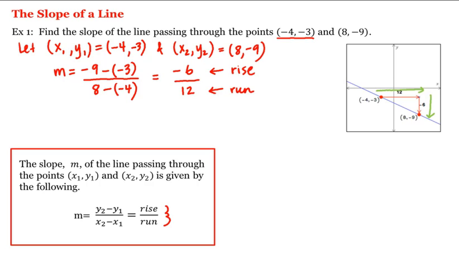Let's see what happens if we compute m the other way. In other words, let's let this point, 8, -9, be x1, y1 instead.